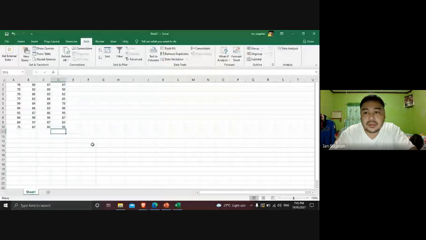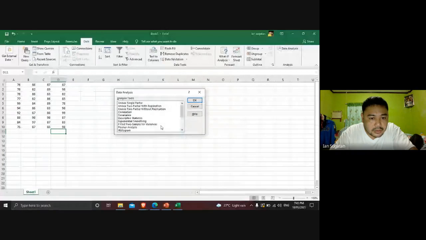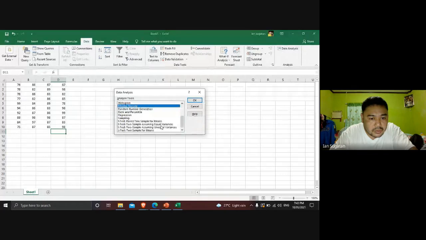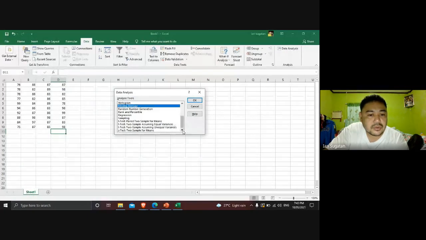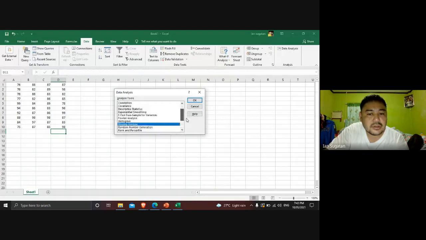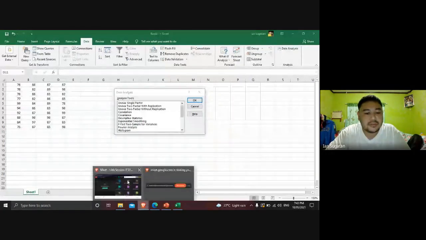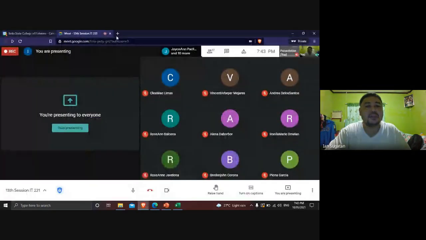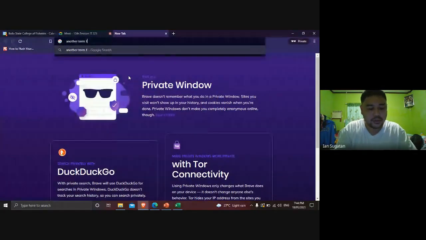So let me click data analysis, and then regression. Chi-square maybe? I don't know if there is a Chi-square here. Single factor ANOVA, correlation. Let me check if we can. Another term for Chi-square.